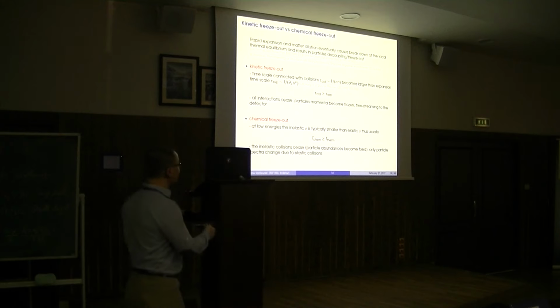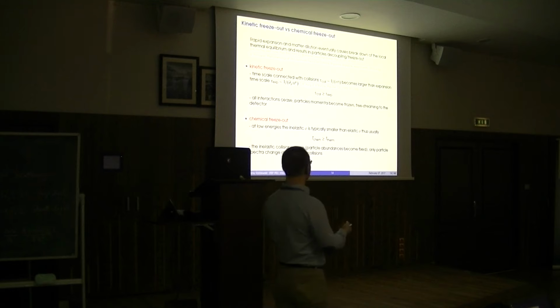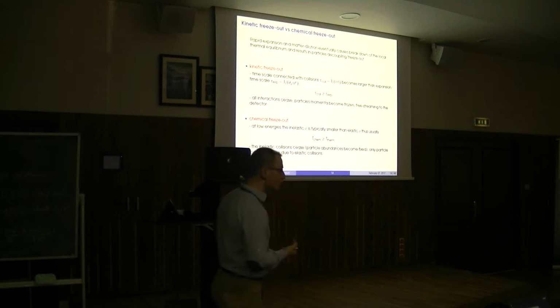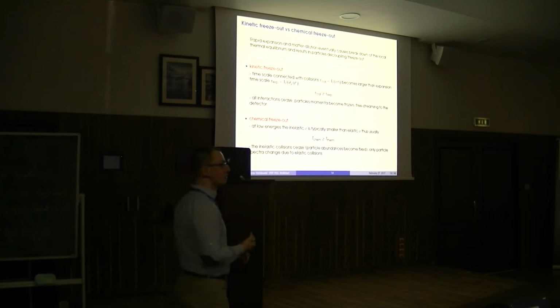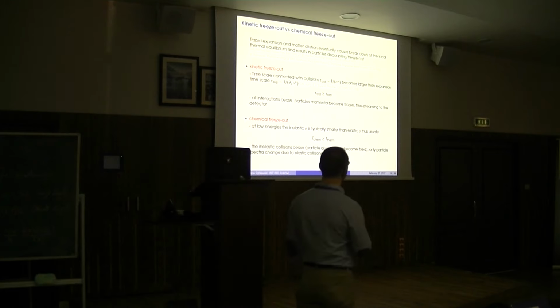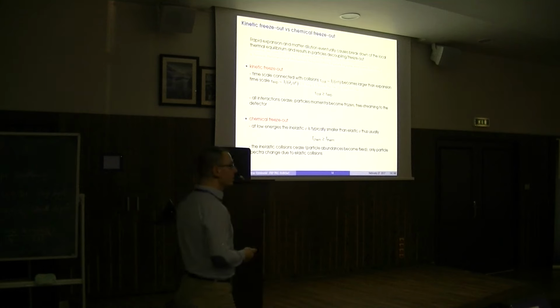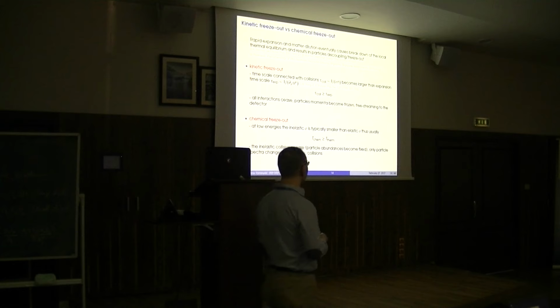Both of these things depend locally on the cross-section, so they depend on the type of particles that we want to describe, and on the density, which can be inferred from the evolution equations.